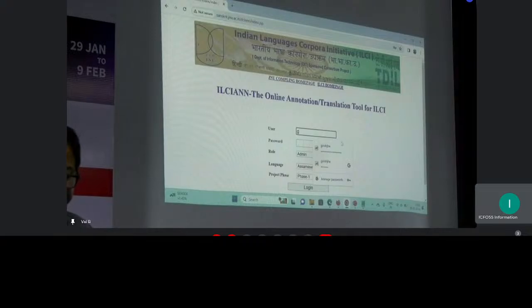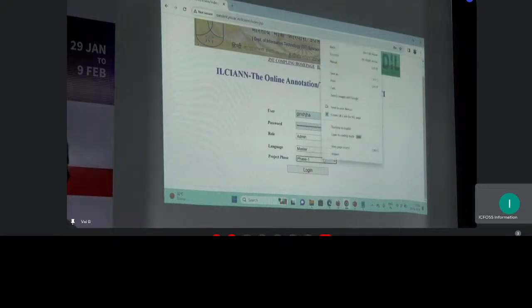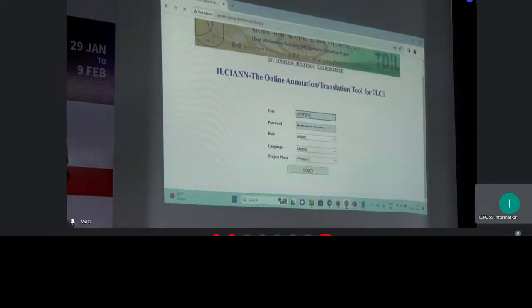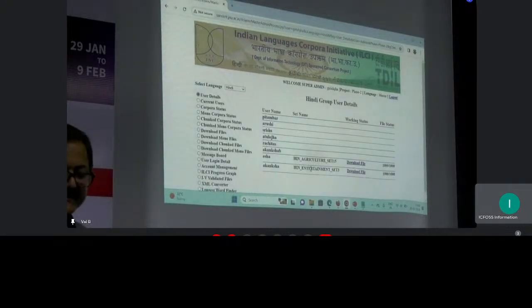When I log in as a super admin, I can export data. I can see the progress of the, suppose I take Malayalam, say current users.